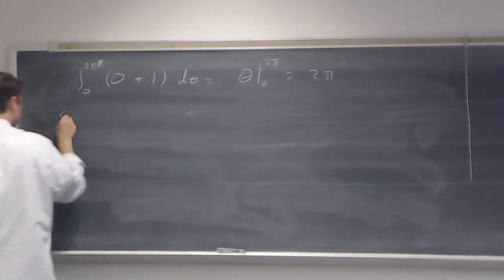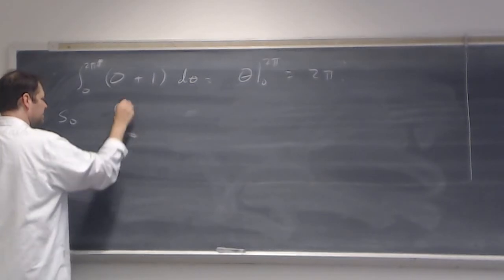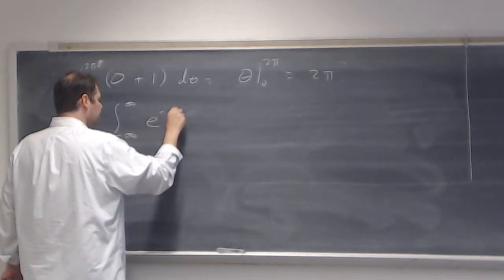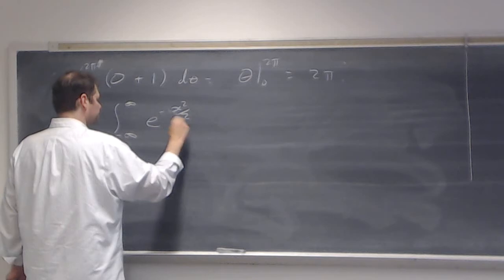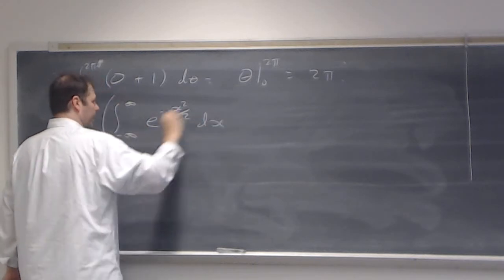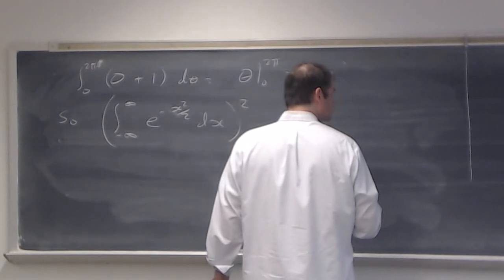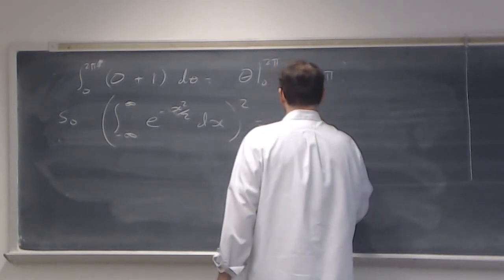So what we found is that the integral from minus infinity to infinity of e to the minus x squared over 2 dx, squared, because that's what we were looking at, is equal to 2 pi.